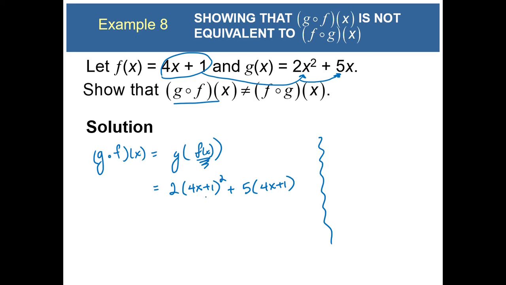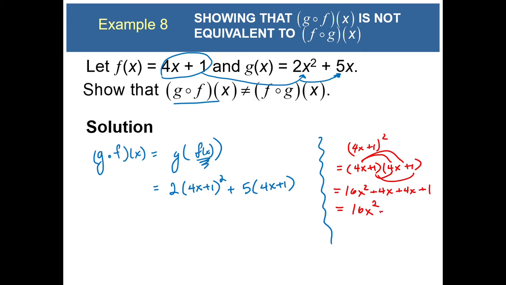We'll have to take 4x plus 1 and we'll FOIL that out. 4x plus 1 squared is equal to 4x plus 1 times 4x plus 1. 4x times 4x is 16x squared. 4x times 1 is 4x. 1 times 4x is 4x again. And 1 times 1 is 1. Simplifying this expression, we have 16x squared plus 8x plus 1.